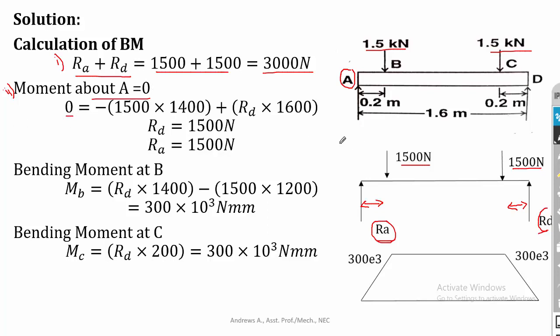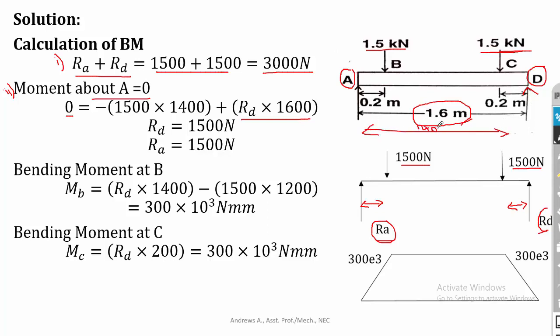So 0 is equal to, we'll start from the reaction forces. So that is RD. RD is acting here in upward direction. So it is RD into 1600 because the overall length is 1600. Here the 1500 Newton is acting at a distance of 200 from the right side end, which means it is 1400 from the left side.